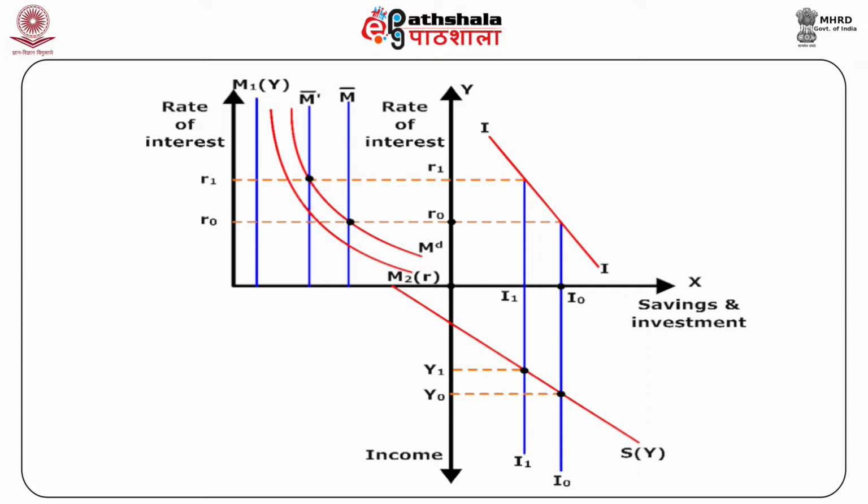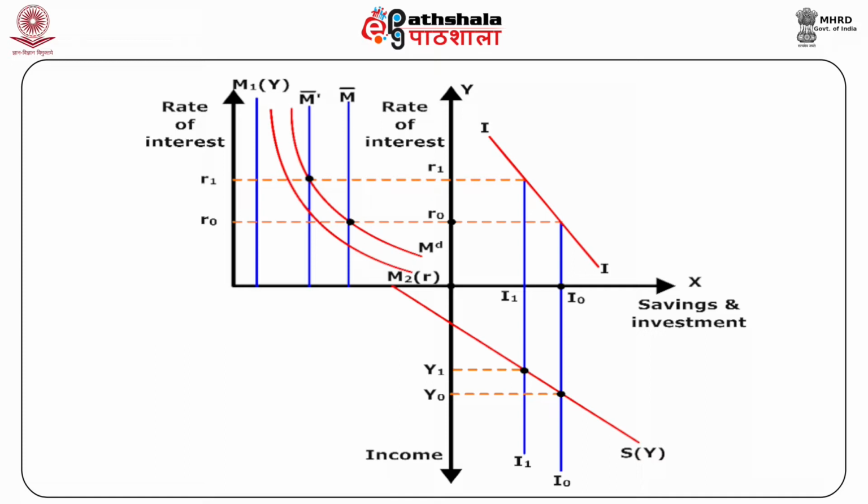The problem is that when the national income was Y1, M1, which is a part of the money market, was given. But now if we consider a new rate of interest and a new level of money supply, then the level of income now becomes some other level of income.